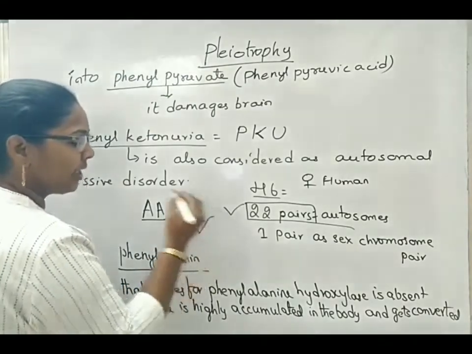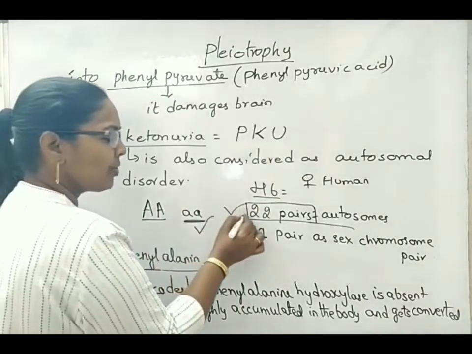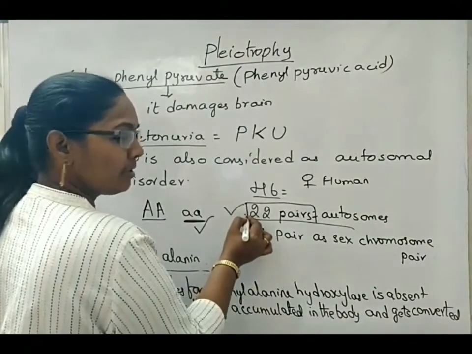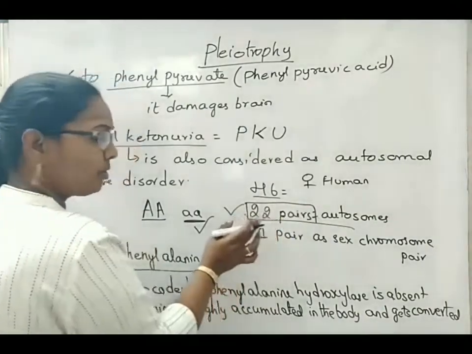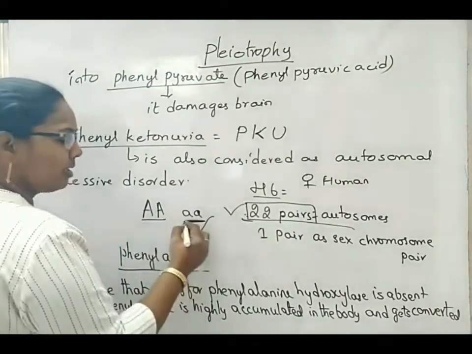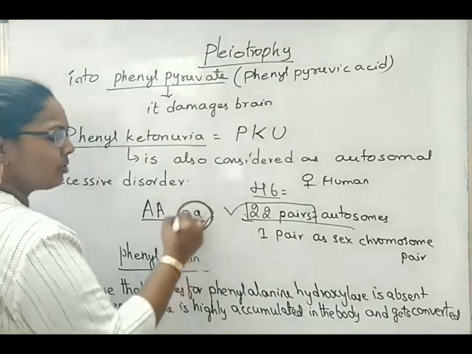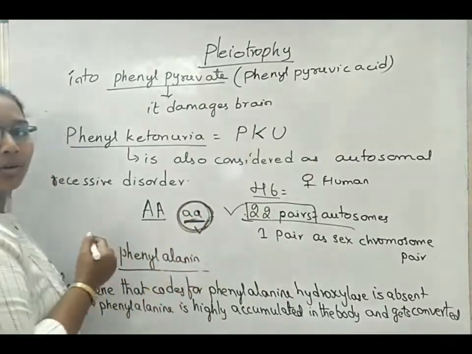When there is some change in such allele forms of autosomal genes, we call it an autosomal recessive disorder. There must be a change in the recessive allele forms of genes on the autosomes.